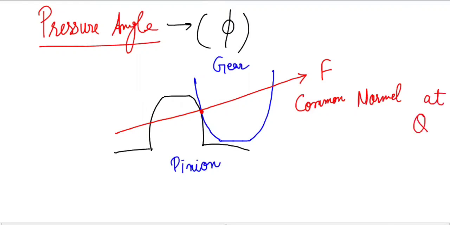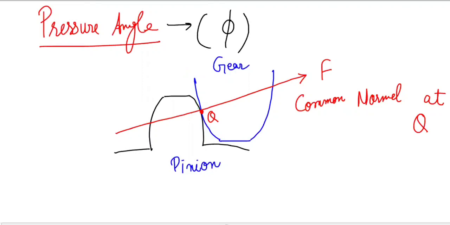Q. There is a point, you can say P or you can say Q, because the pitch point tangent which I drew earlier, that tangent was over here, but the red line is exactly perpendicular to that previous tangent line. So the red line is the common normal at Q.